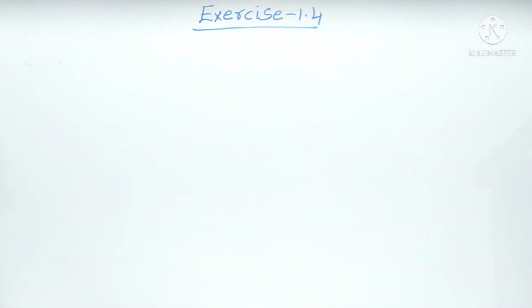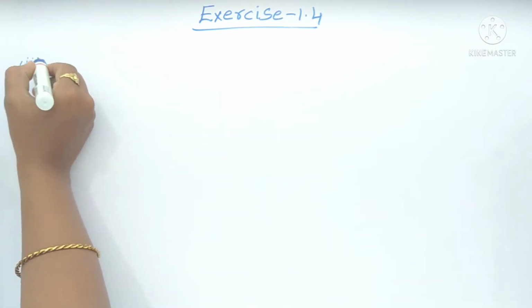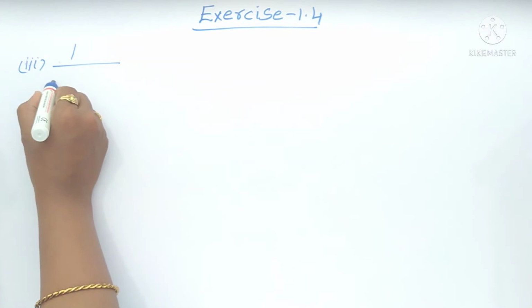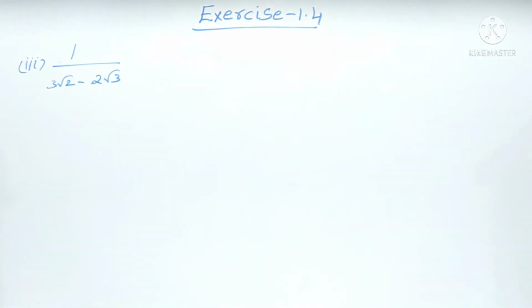Next, our third problem. Our third one is 1 by (3√2 − 2√3). So here we have to rationalize the denominator. In the denominator, between the two terms, what is the sign we have?